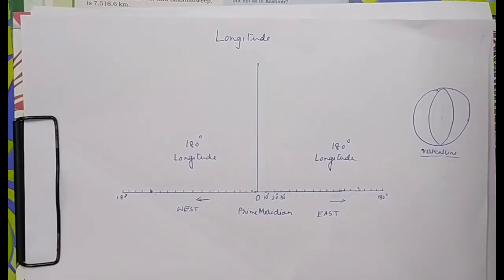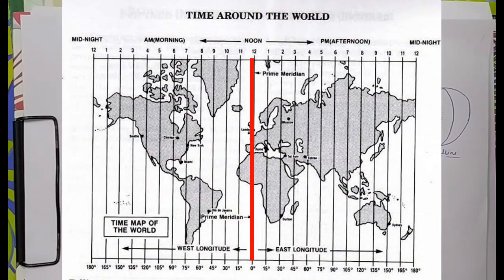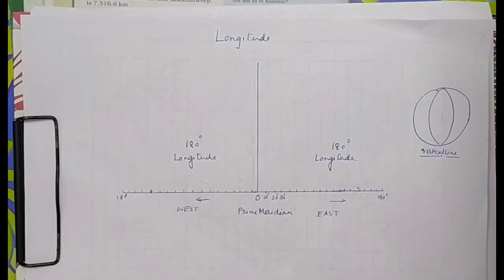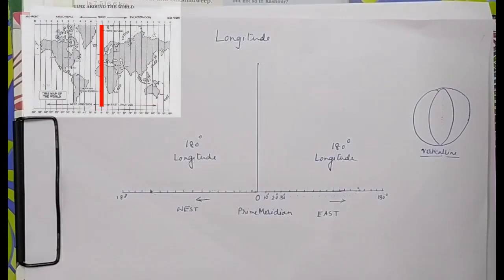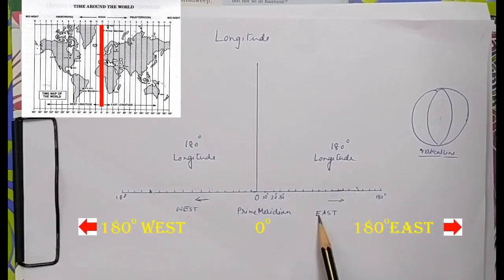Longitude will decide which country will follow which time zone. All countries of the world refer to the local time of 0 degree longitude, or the prime meridian, as the Greenwich Mean Time. There are 360 degrees of longitude on the earth, 180 degrees to the west of the prime meridian and 180 degrees to the east.